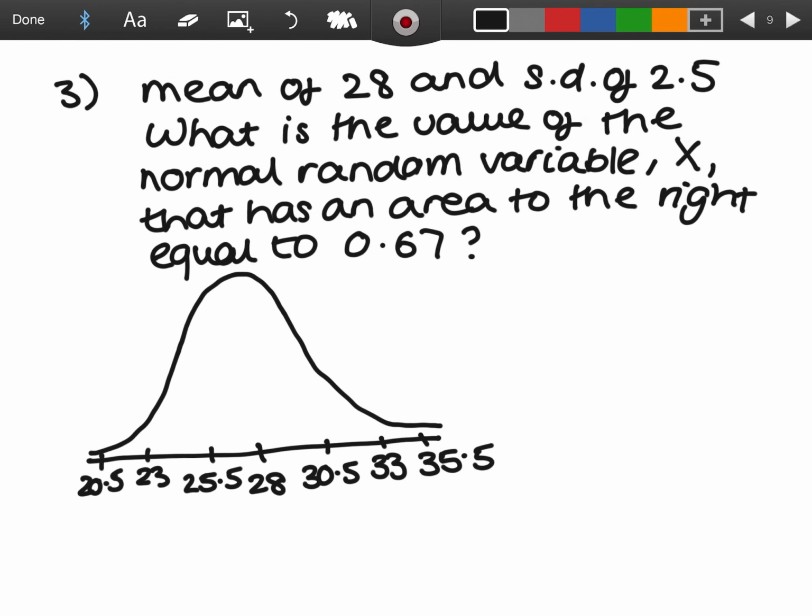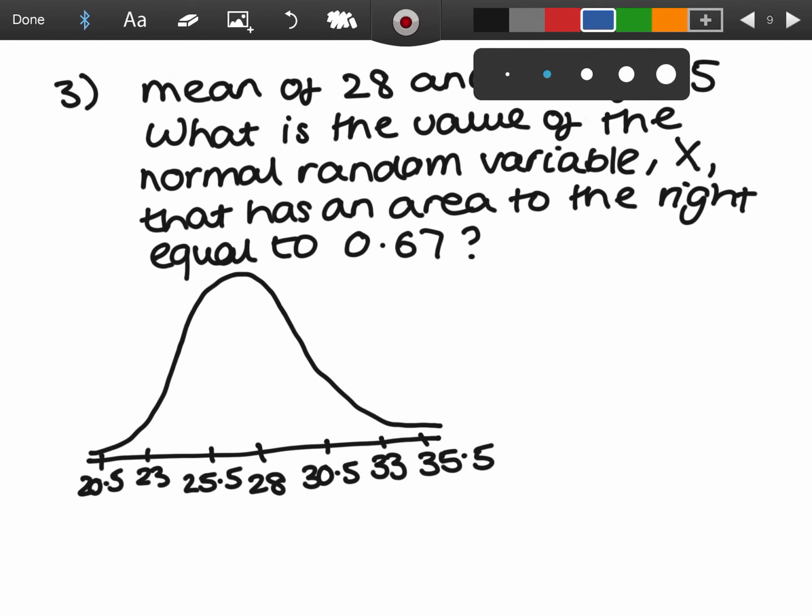Now, I want to know what is the value of the variable x such that the area to the right is equal to 0.67. Now, I know that either side of my mean, so either side of 28, I've got 50% of my data. So my area to the left of 28 is 0.5 under the curve, and the area to the right of 28 under that curve is 0.5 as well.